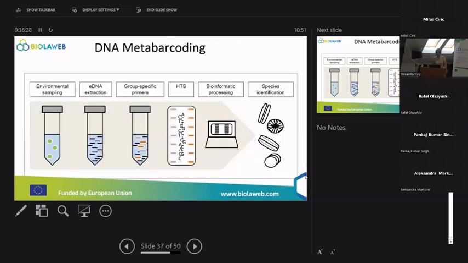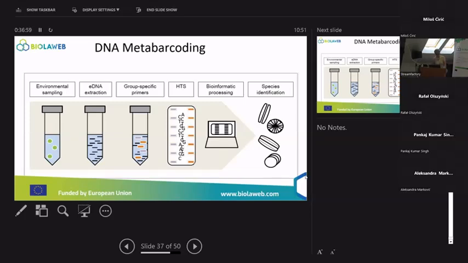So it goes a bit like the workflow I showed you for DNA barcoding. That means that you have these different steps. You have the environmental sampling. Then from this sample, you will extract DNA. You will amplify the group you are interested in with a specific barcode that is specific of this group of interest.